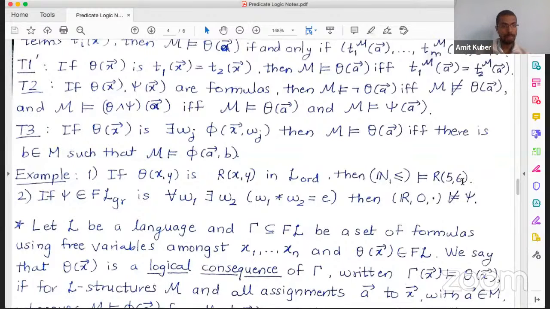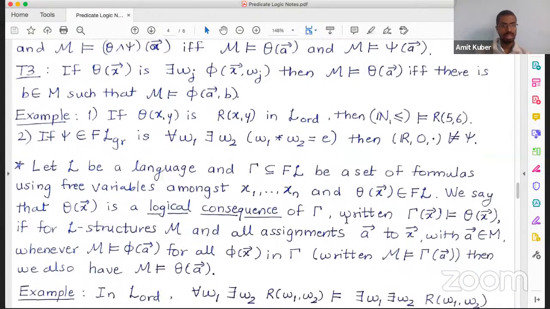Sir, we could put any value as such, right? Yes, but you have to verify the truth at any tuple. For all tuples, you have to verify the truth. So this assignment is also equally important.